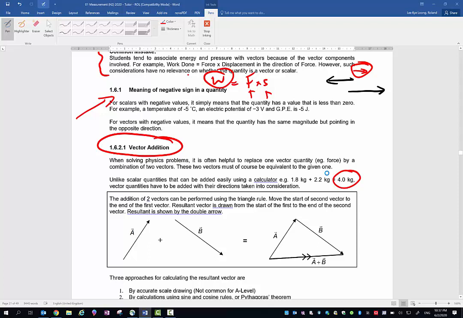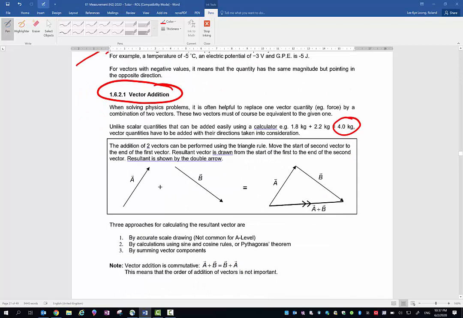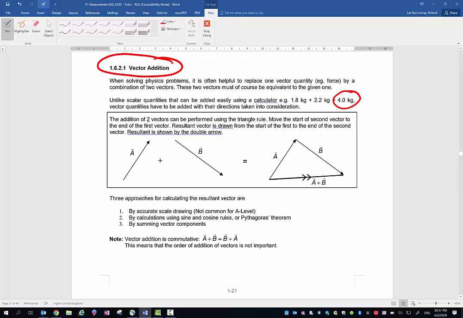That's it. But if they are vectors, the direction matters. So if it's a vector, 1.8 plus 2.2 may not be equal to 4. For vectors, the only way 1.8 plus 2.2 equals 4 is if they are in the same direction.